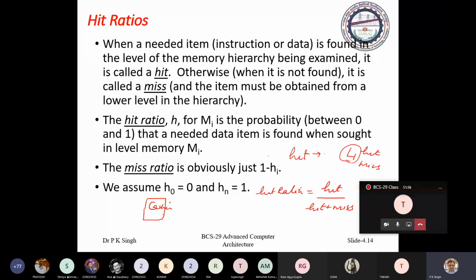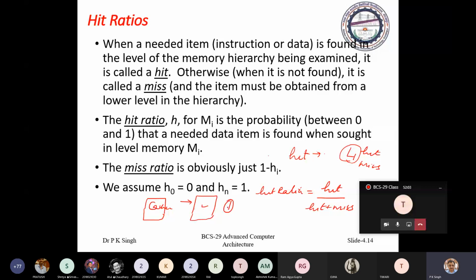In that case, what will be the hit ratio? The processor generates an address, and your entire program is in the memory. So all the references generated by the processor to execute this program will be available in this memory. Then the hit ratio is 1.